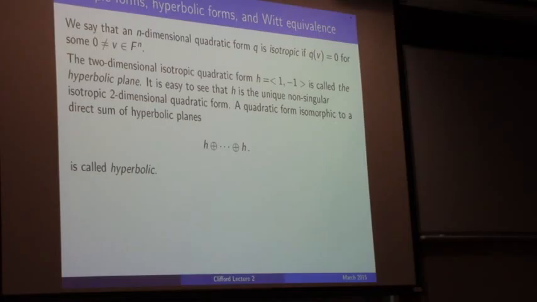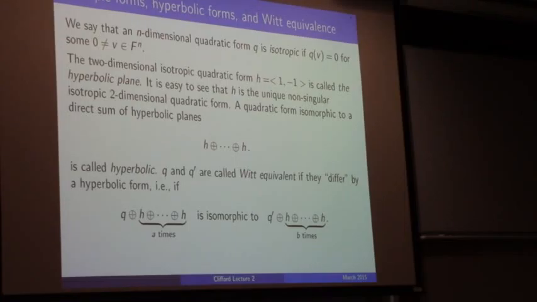So a quadratic form that's isomorphic to a direct sum of hyperbolic planes is called hyperbolic. Such a form can only exist in even dimensions, right? Because I'm adding two-dimensional forms. So two forms are called Witt equivalent, again these are non-degenerate quadratic forms, if they differ by a hyperbolic form.